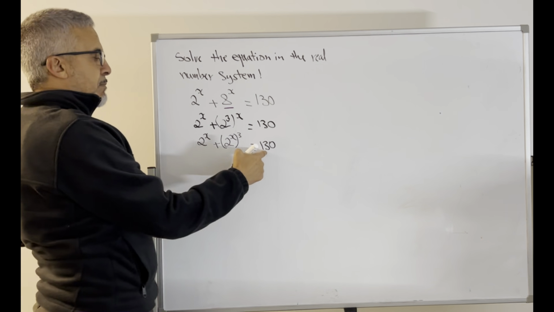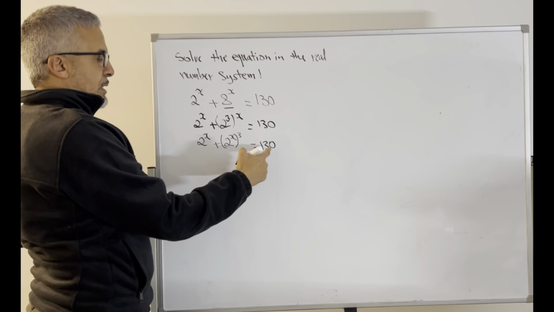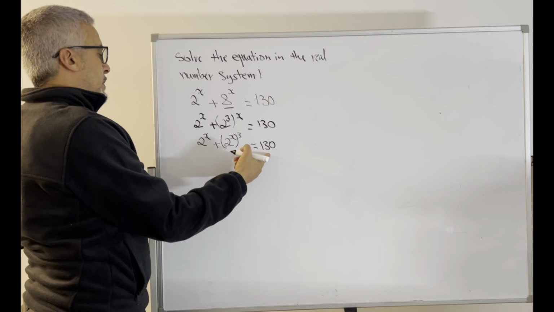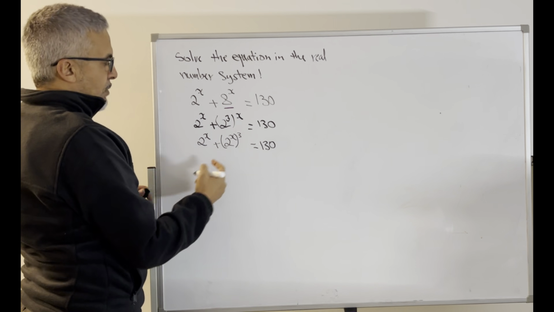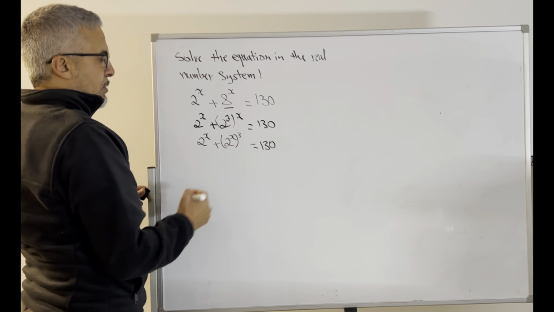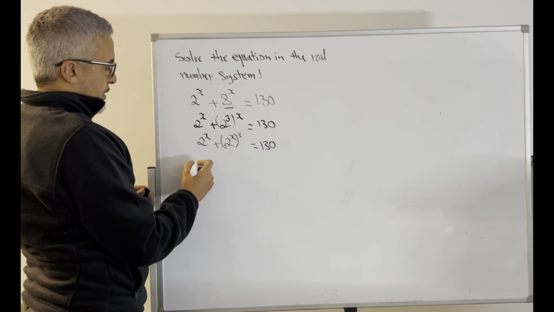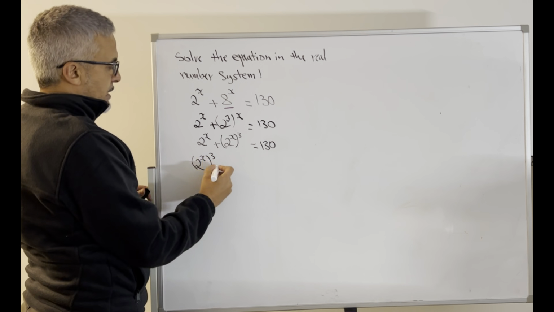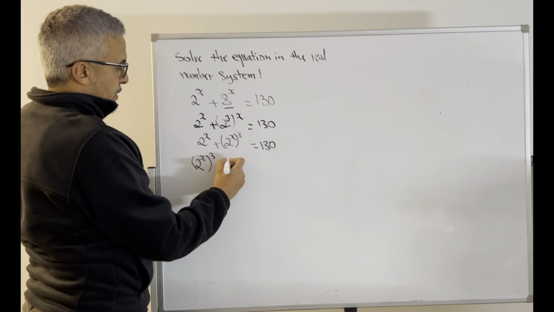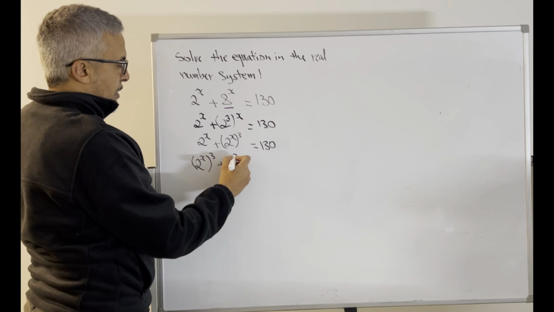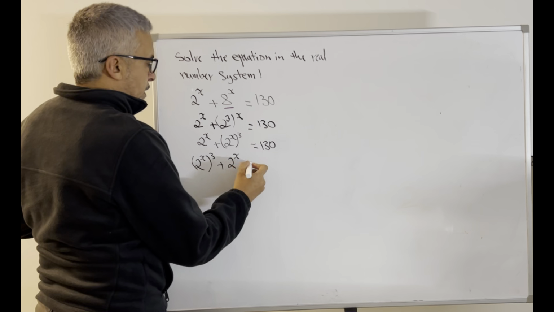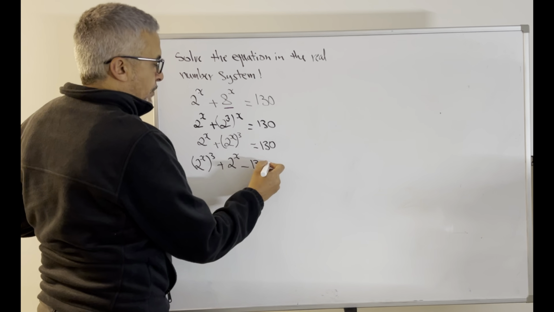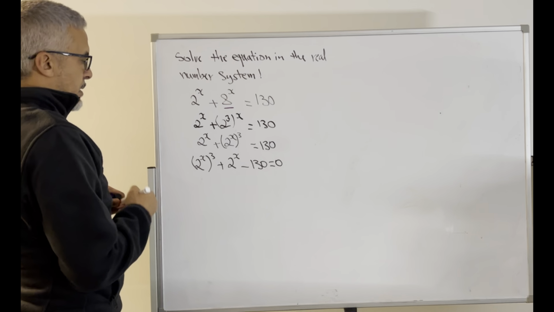Of course, we cannot make this a base of 2, otherwise this would have been a lot easier. And therefore, I'm going to now move the 130 to the left side, rewrite this as 2 to the power of x cubed, I'm just going to rearrange this, plus 2 to the power of x minus 130 equals 0.